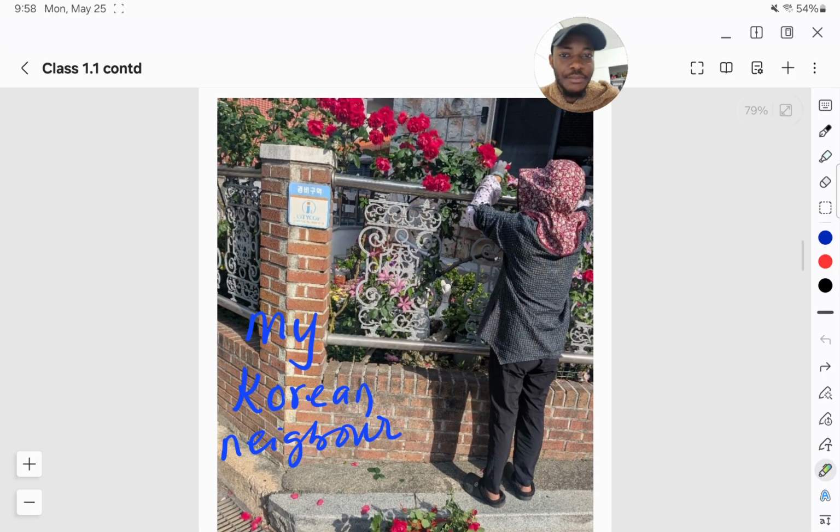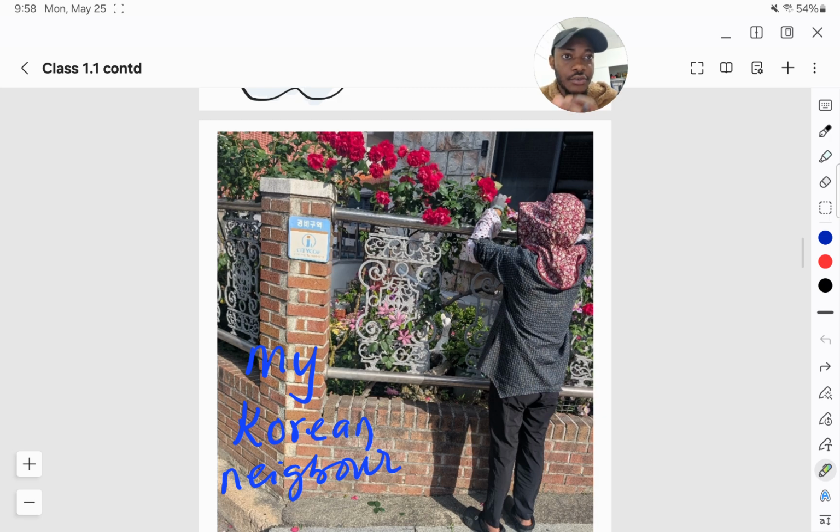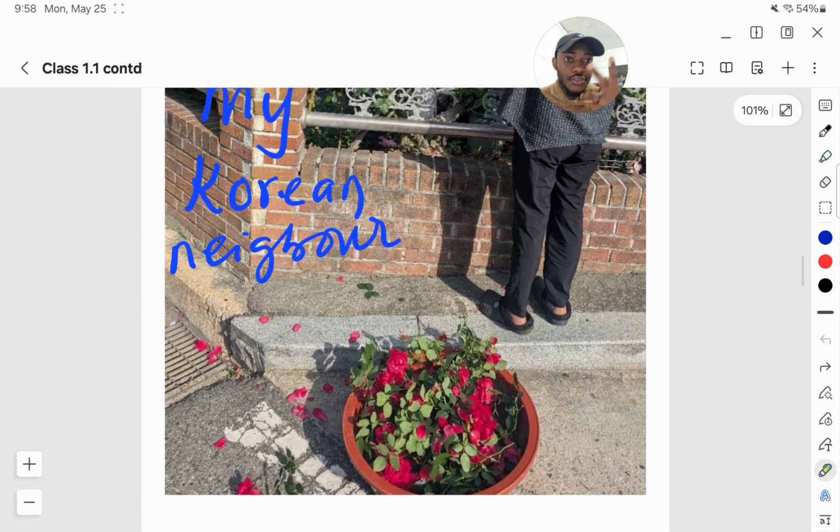So look at this to give you a clearer example, right? Look at my Korean neighbor, right? This is her rose plant, or this is her rose flower, right? And then she cuts and prunes them. If you look on the floor, you can see she's cut some of the rose plants. And in my experience, when I asked her, why are you cutting some of these beautiful roses, she said, oh, it makes them better, right?